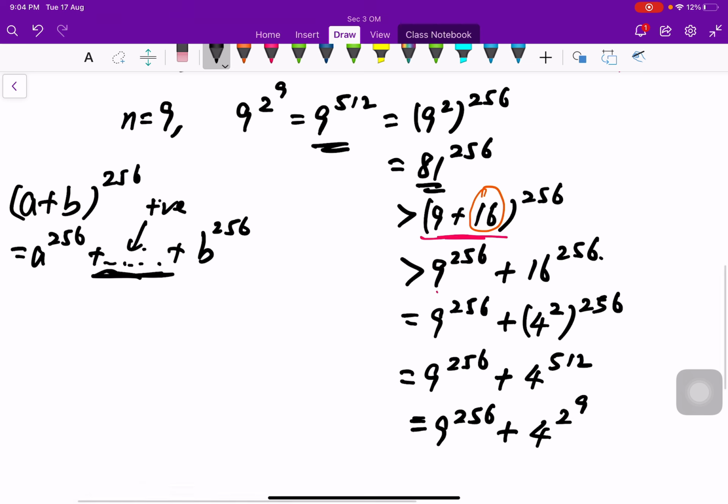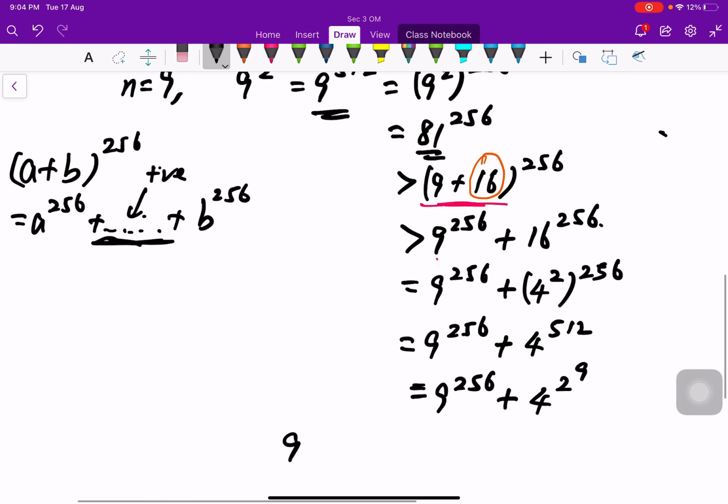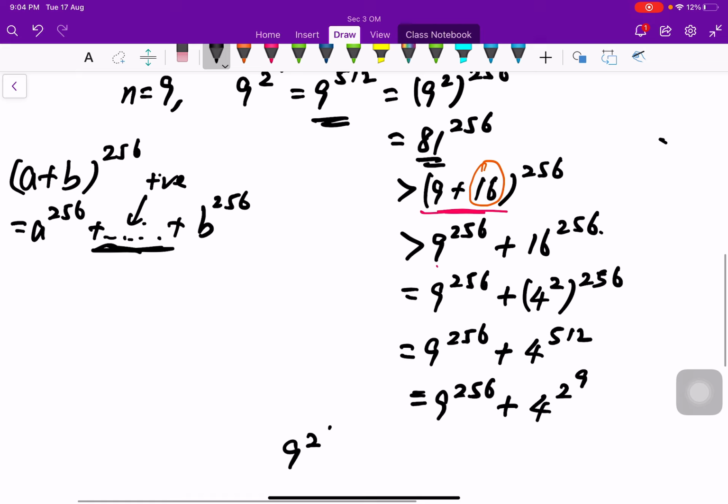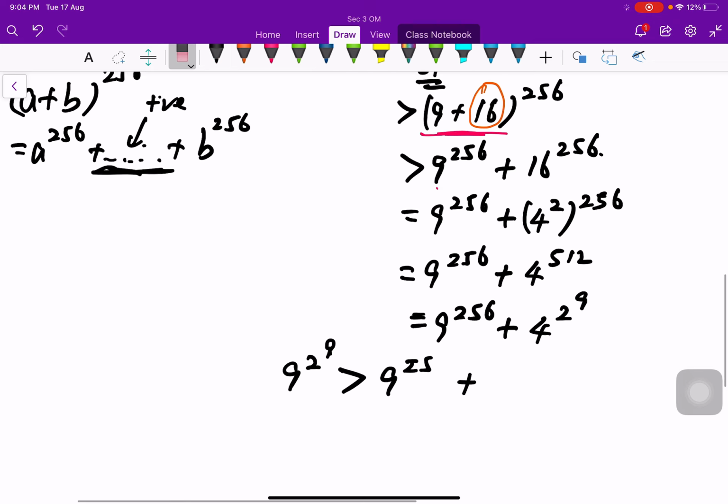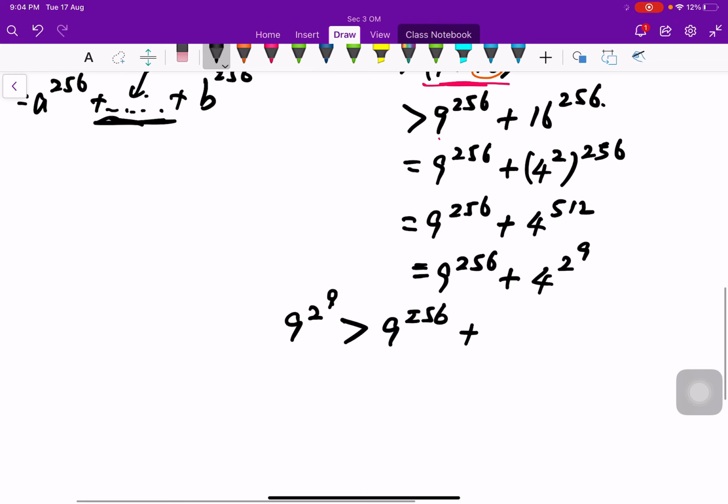Let's not forget our focus. This is 2 to the power 9, and now this is greater than 9 to the power of 256 plus 4 to the power of 2 to the power 9.